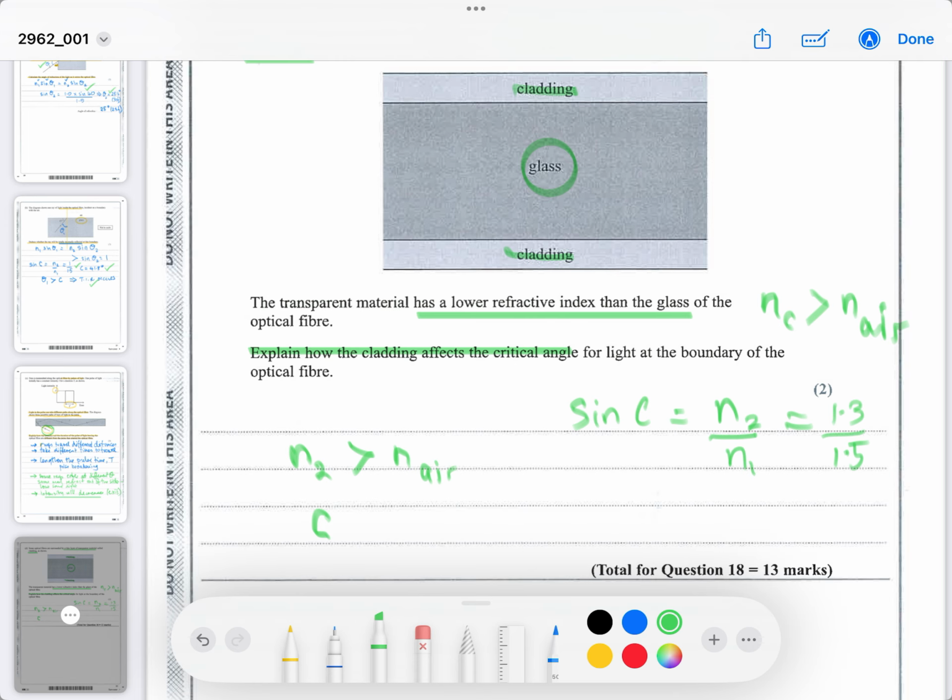N2 to N1, yes, I'm just making sure I'm not confusing myself. There's a smaller difference in the refractive indices, is basically what you've got to say, which I've shown here. So the sine C will be greater, therefore C will be increased.